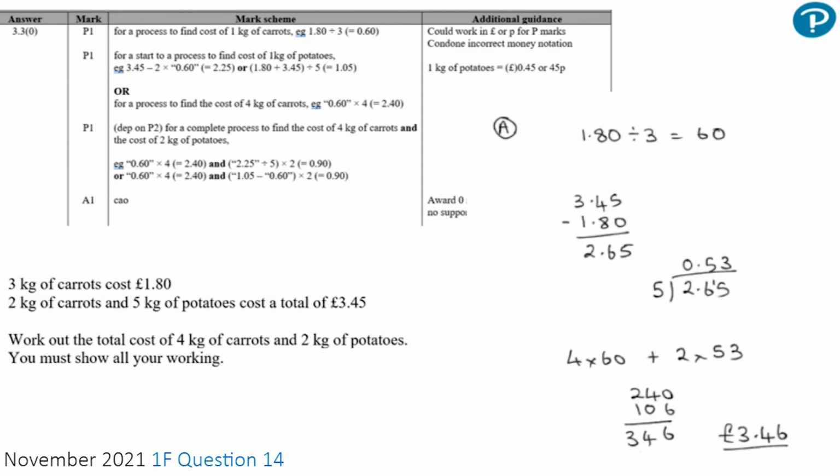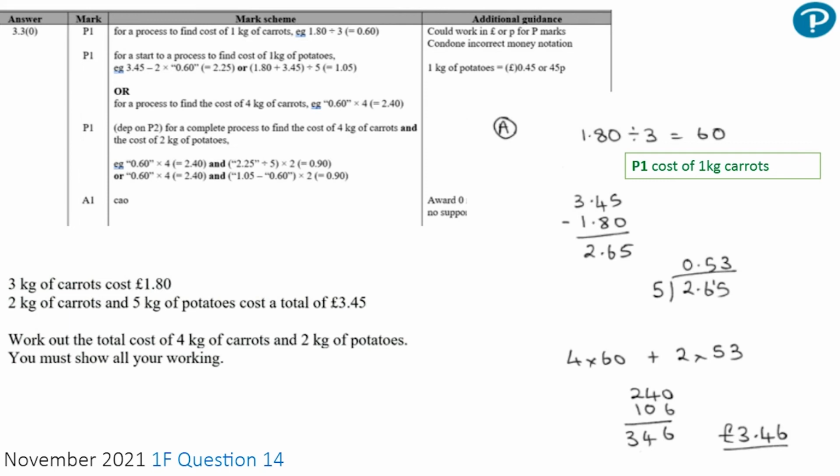P1, P0, P1, A0. Interestingly, it's worth looking at that 3rd process mark. You'll see in a minute, this is going to answer some of the other questions. So this one, we would have ordered, it's the 1.8 divided by 3 for the cost of 1 kilo.